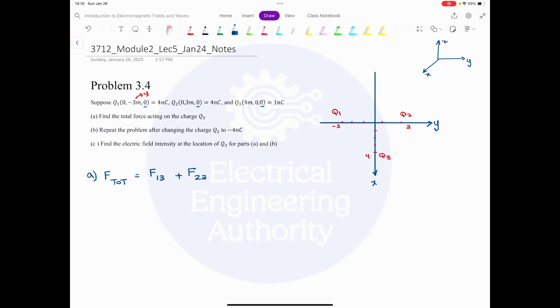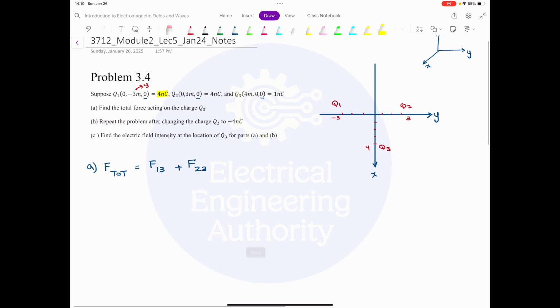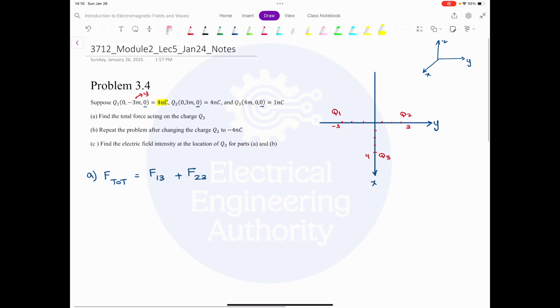Here you see that we have 4 nanocoulomb, 4 nanocoulomb, and 1 nanocoulomb. So they are all positive charges. Therefore, they all have the same polarity, which means the direction of the force will be defined based on the polarity of the point charges, right?